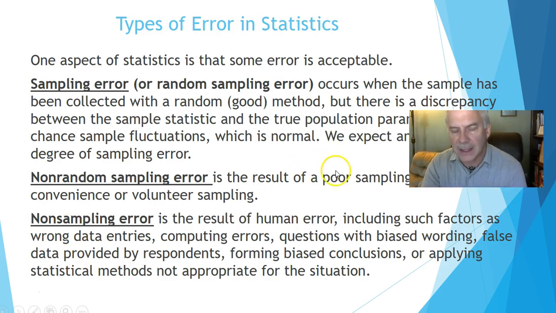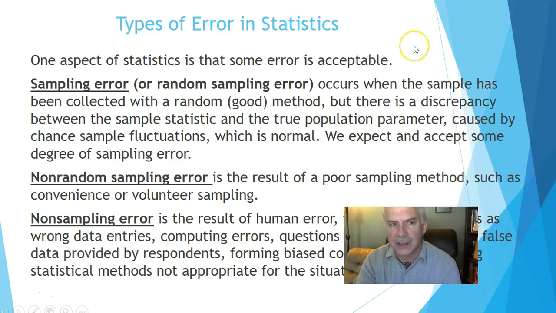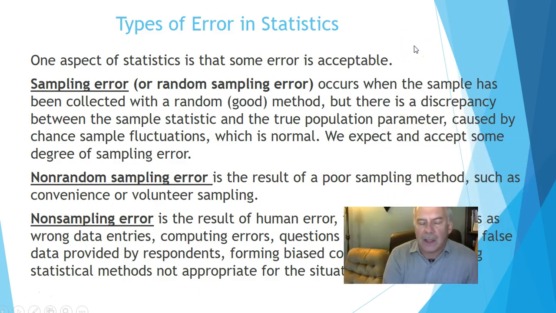Now, the last thing is errors in statistics, types of error in statistics. Some errors are acceptable. We understand that there's always going to be this kind of error. So that's called sampling error or random sampling error.